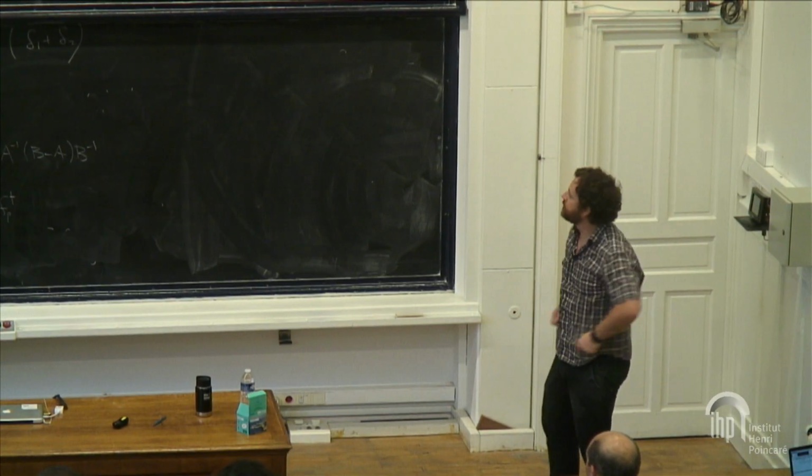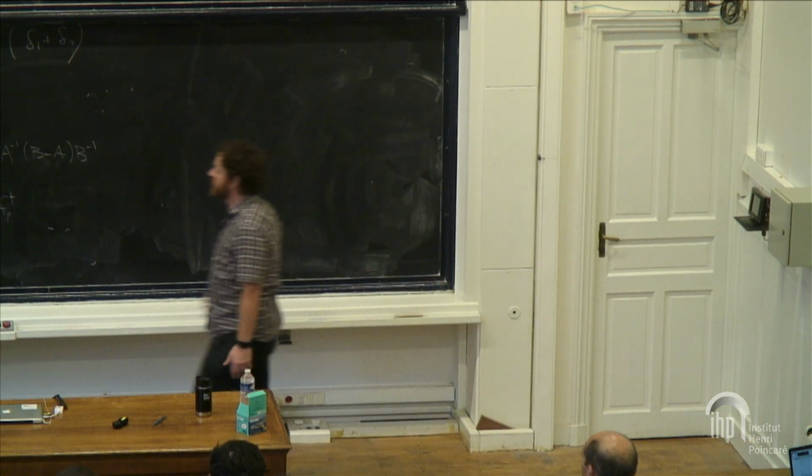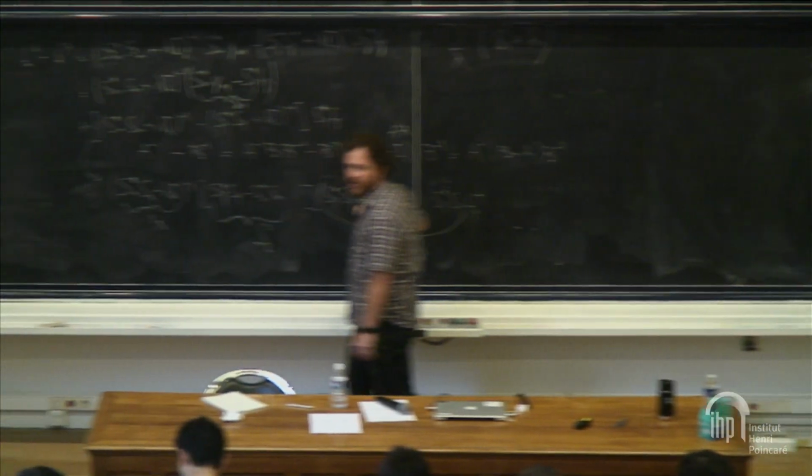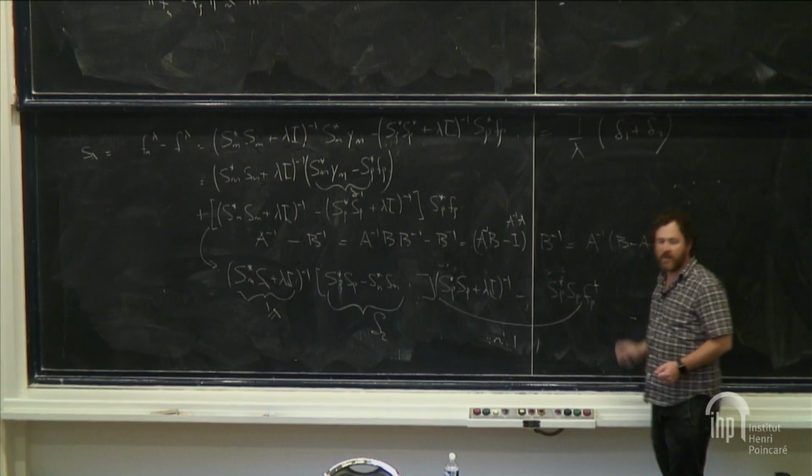Again, the steps of the proof are just add and subtract something, factorize, common denominator, and then just the operator norm of this term and then of this other term. And we use the normal equation whenever we can.